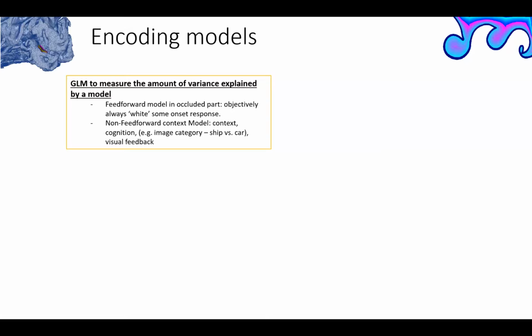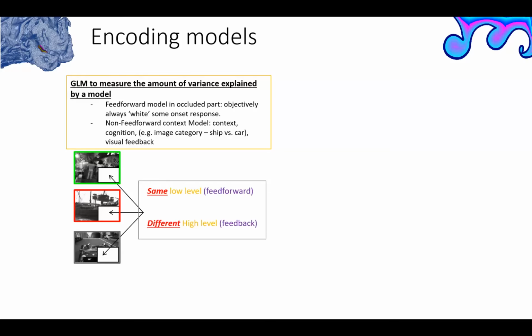So in the 2015 Current Biology paper, again the feedback, feed-forward, occluded region, we used this GLM encoding model to try and see where informative voxels were located. So we started from a very simple conceptual model, whereby we reasoned that from a feed-forward point of view, the voxels that don't care about feedback information would not really find any differences between these identical white occluders.